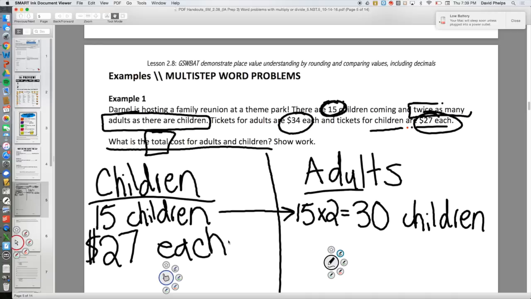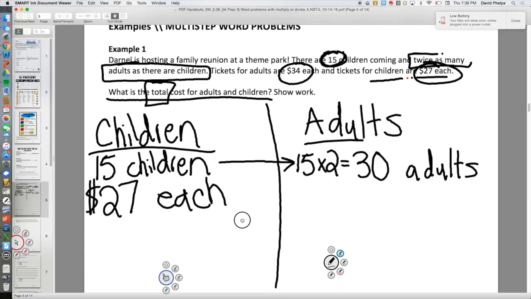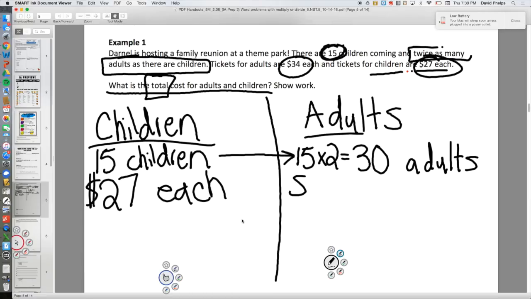And the price, 30 adults, my mistake. Oops, I have an eraser, so do you. 30 adults. It's embarrassing, we're good now. And each adult is $34, a little more expensive than the children. $34 each.